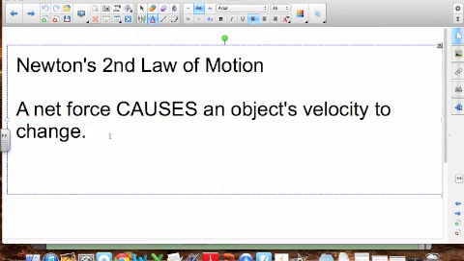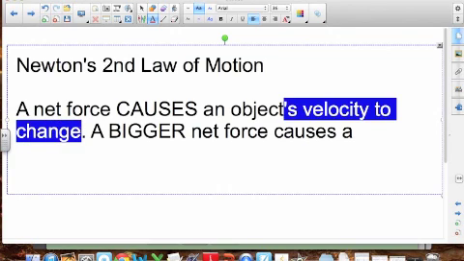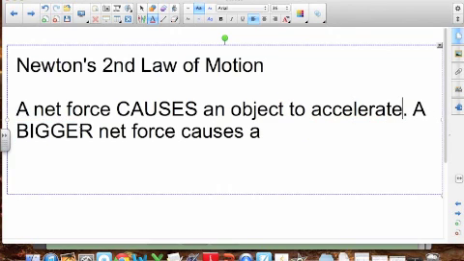So a net force causes an object's velocity to change, and a bigger net force causes a greater change in velocity. And I hope that you recall that a change in velocity over a change in time is an acceleration. So a net force causes an object to accelerate.